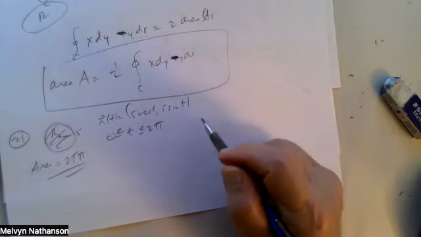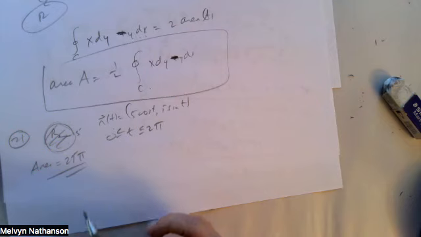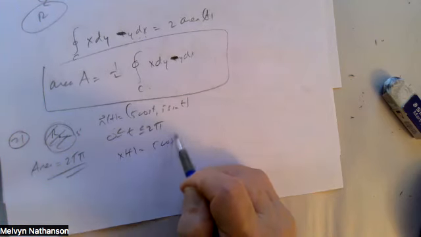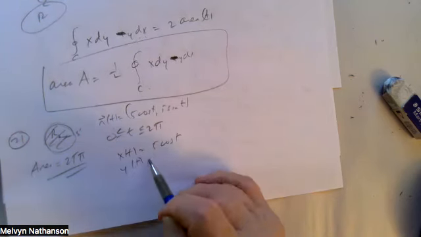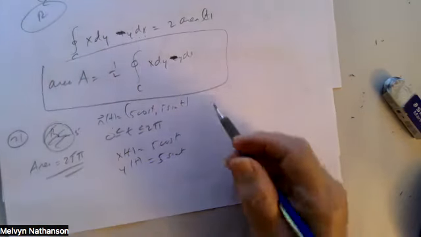So x of t is 5 cosine t. y of t is 5 sine t.